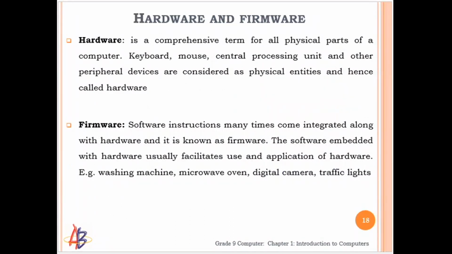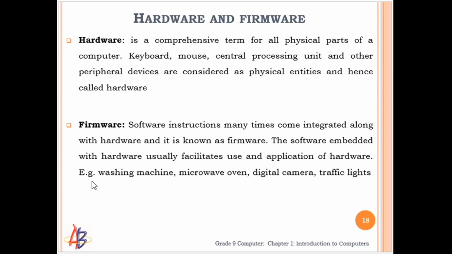Last two topics are hardware and firmware. So the question will arise, sir, what is hardware? Hardware is a physical part of a computer. For example, keyboard, mouse, central processing unit, and other peripheral devices are considered as hardware. And last thing is firmware. The software instructions many times come integrated along with the hardware, and it is known as firmware.